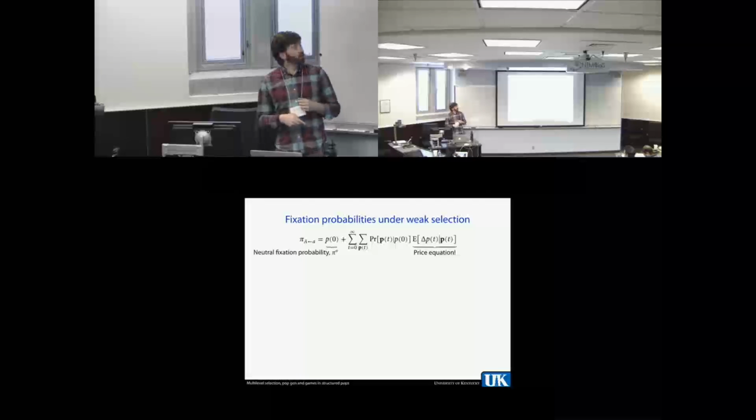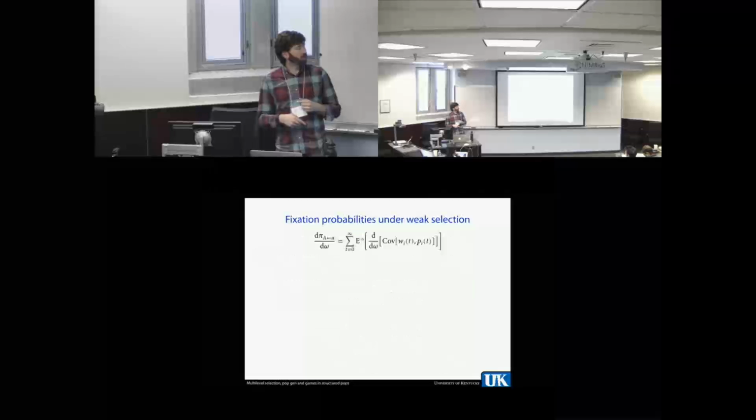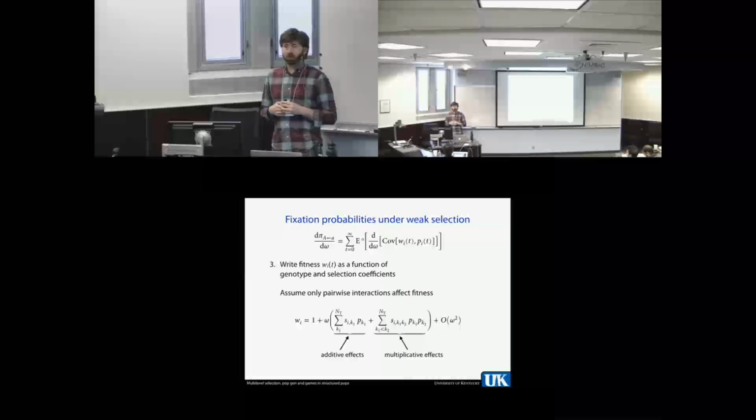But I actually don't know of a way, in this general case when you have these multiplicative interactions, of getting those probabilities of identity by descent. So the simplest thing is just to leave it as coalescence times. It's a bit more computationally complicated to deal directly with those.